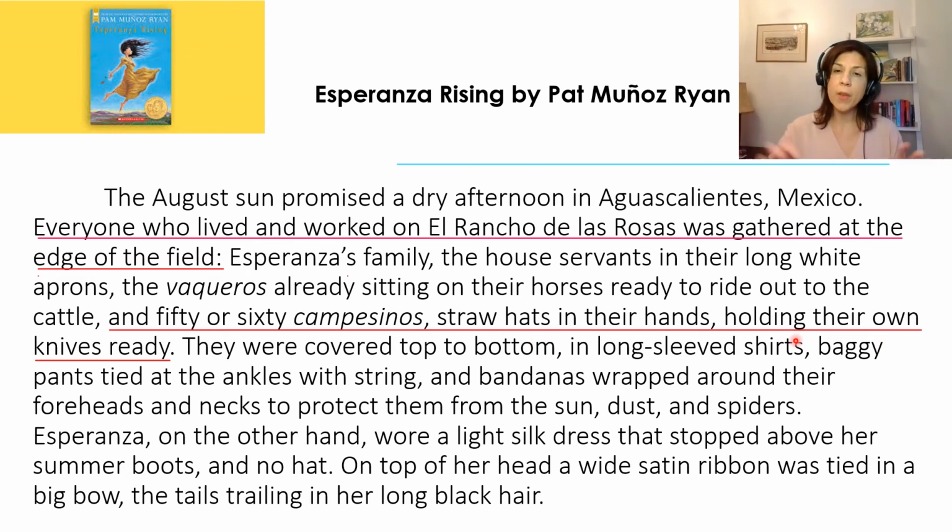Okay, so now that we helped our students break apart those two critical sentences, let's take it a step further and have them analyze why everyone is gathered and why the campesinos are holding knives, right? And the reason is because Esperanza's family owns this land. They are going to harvest the grapes, and the campesinos are the laborers. They are the ones who are going to cut the grapes from the vine.